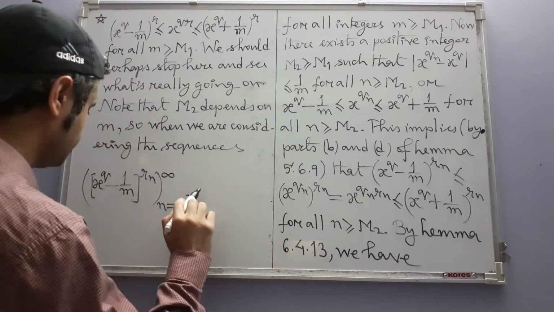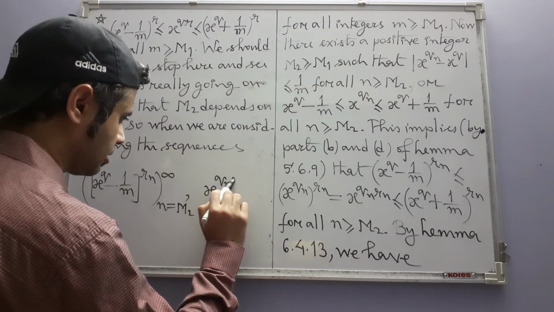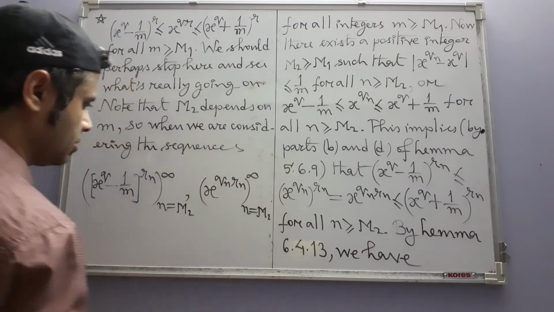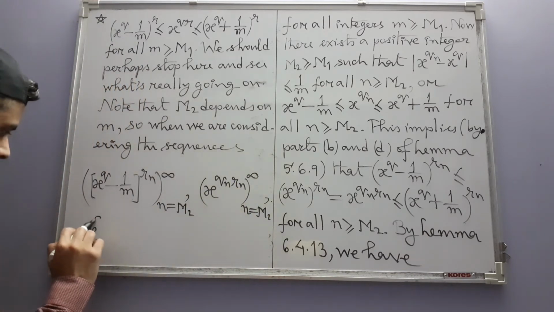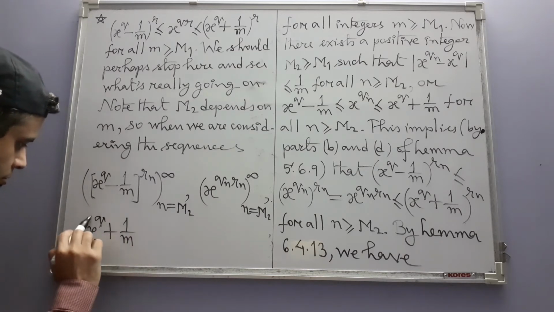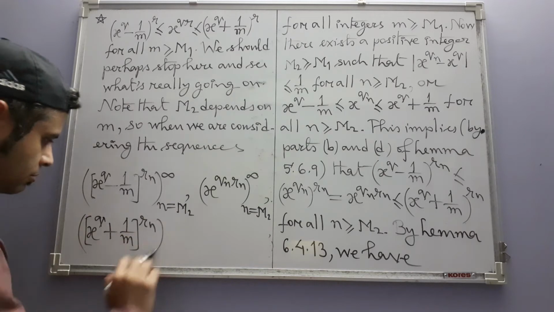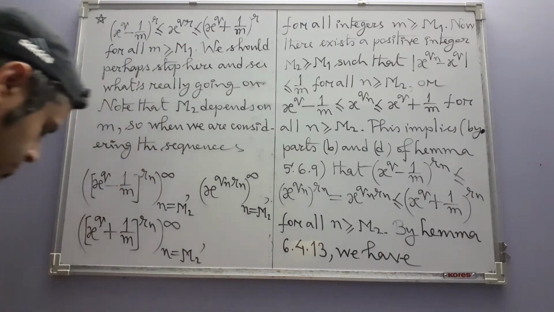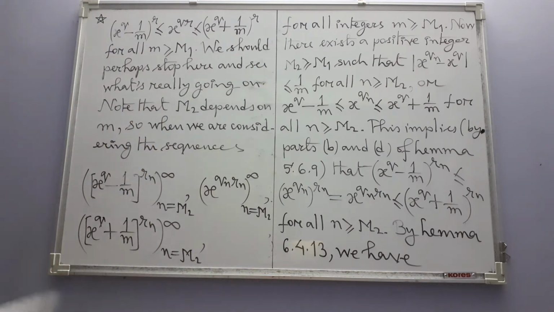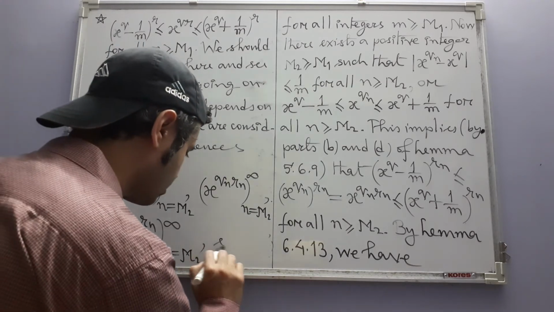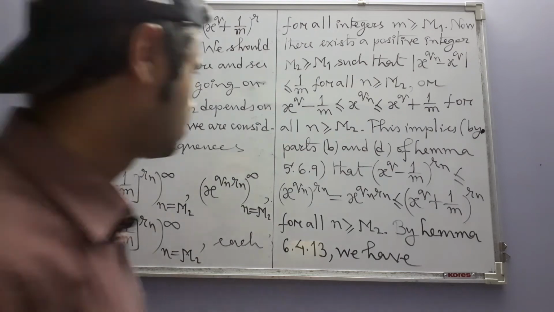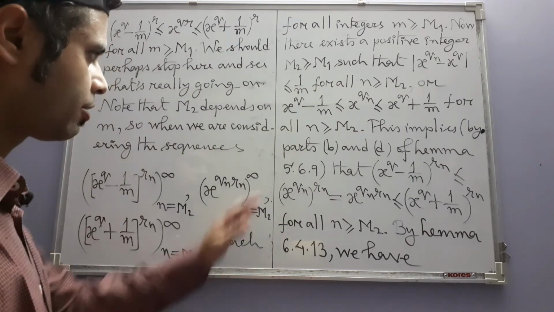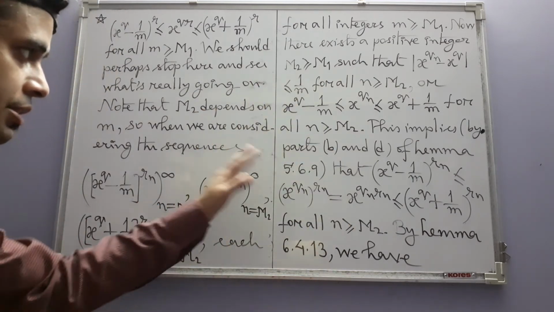M2 to infinity, x to the power qn rn, there also this, and each choice... okay, we cannot clean this part yet because we haven't said what we have done here.